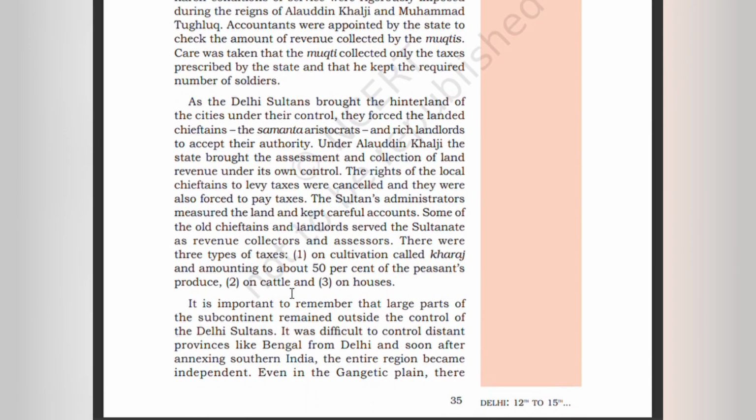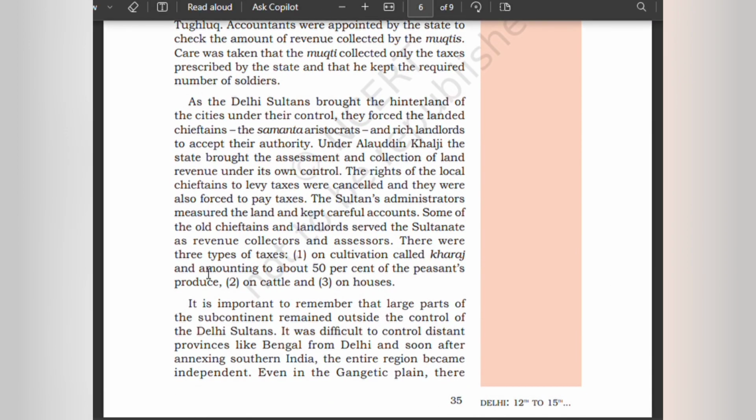There were three types of taxes: on cultivation, called kharaj and amounting to about 50% of the peasants' produce, on cattle, and on houses. It is important to remember that large parts of the subcontinent remained outside the control of Delhi Sultans. It was difficult to control distant provinces like Bengal from Delhi, and soon after annexing southern India, the entire region became independent.